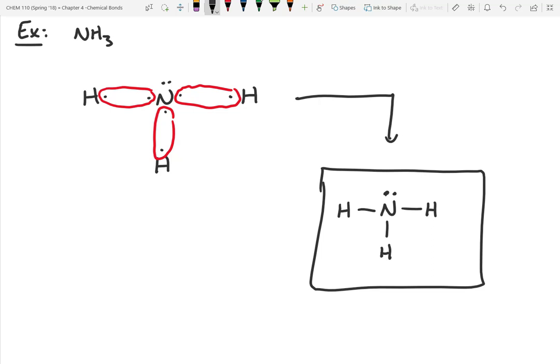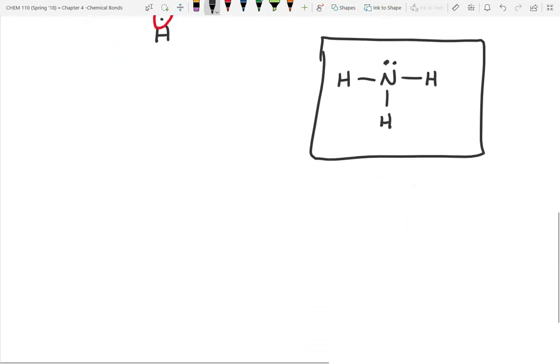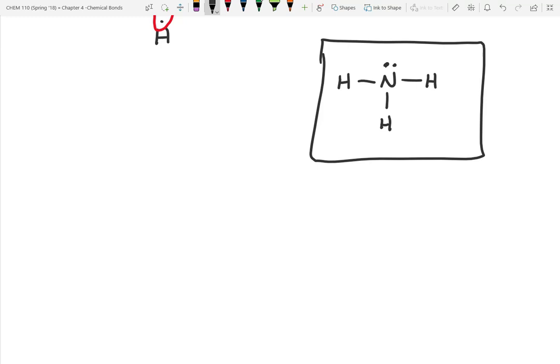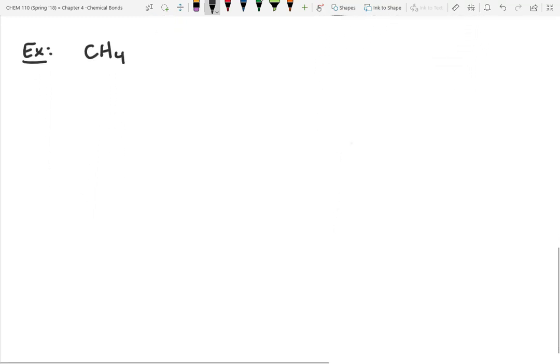All right, let's try another one. We'll do a few easy ones, and then we'll jump into more challenging ones again. We'll do CH4. The simplest organic molecule. This is methane found in natural gas. So one nice thing with carbon is carbon always wants to be in the center of things.